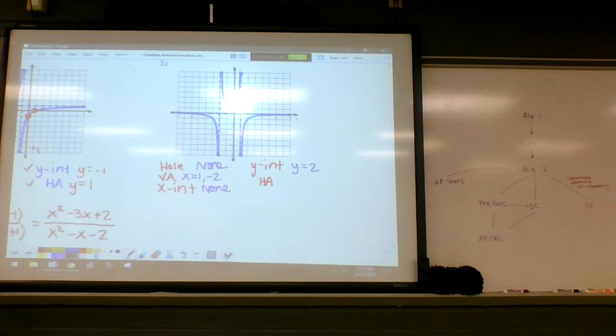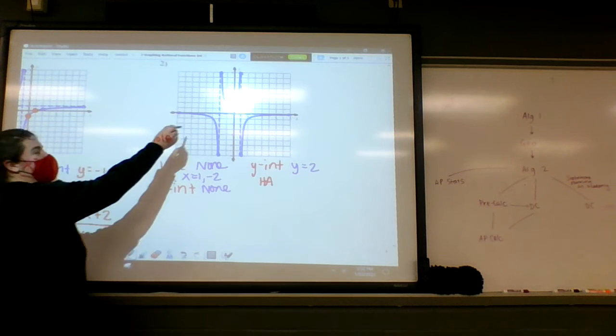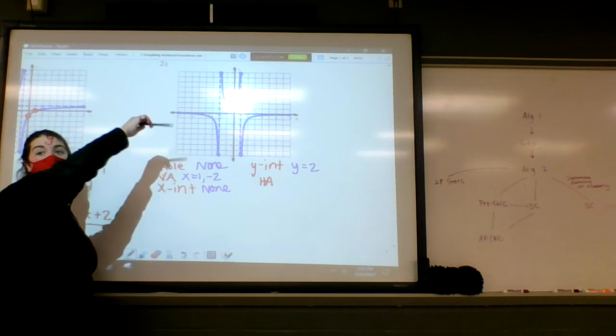Does everybody think none for the horizontal? Horizontal asymptote, none. 1. Nash, what do you think? 0. Anybody else think 0? Ethan's like, I put 0, but that's different than what somebody else said, so I'm just not going to say it. It is at 0, yes. And that's because of these ends, right? They're getting closer and closer, but they're not actually getting there.